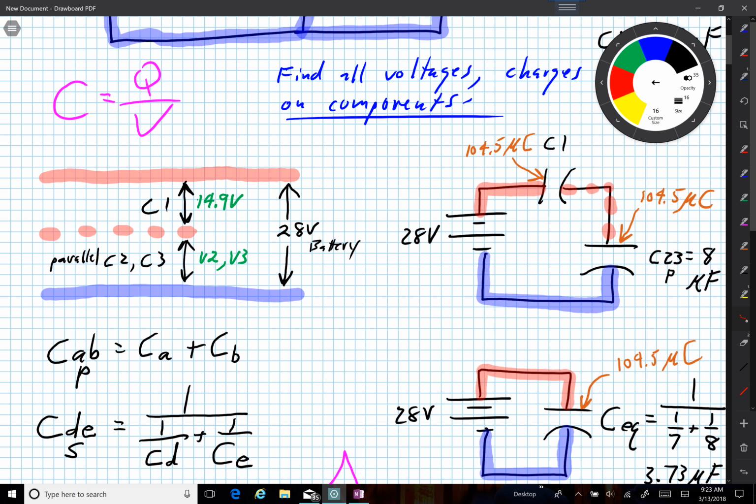Well, I hope it doesn't take a lot of insight to see that I now can put in the voltage between solid blue and dashed red. I can put this in as 13.1 volts.